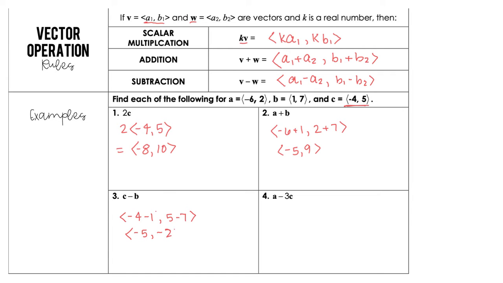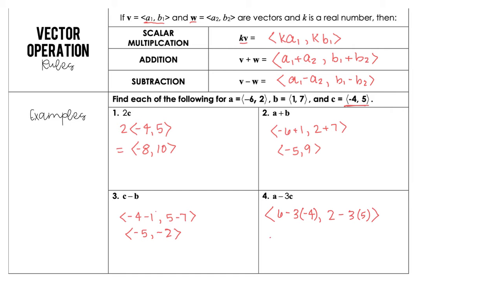Whoops, almost didn't write my 2. And then A minus 3 times C. So you're going to have A minus 3 times your C value, which is negative 4, comma, and again your A value minus 3 times your C value.